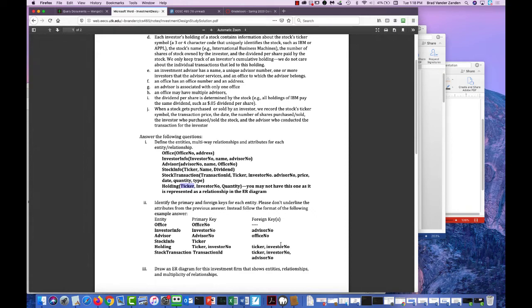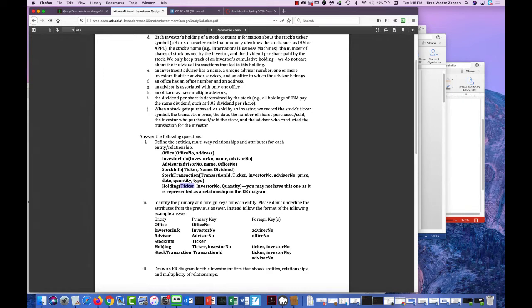The primary key is not typically going to be a foreign key if the thing is an entity. You're only going to have the primary key also being a foreign key if the thing is a relationship.